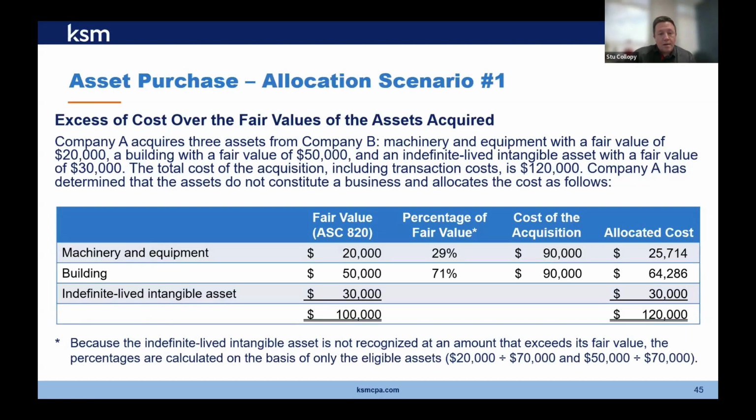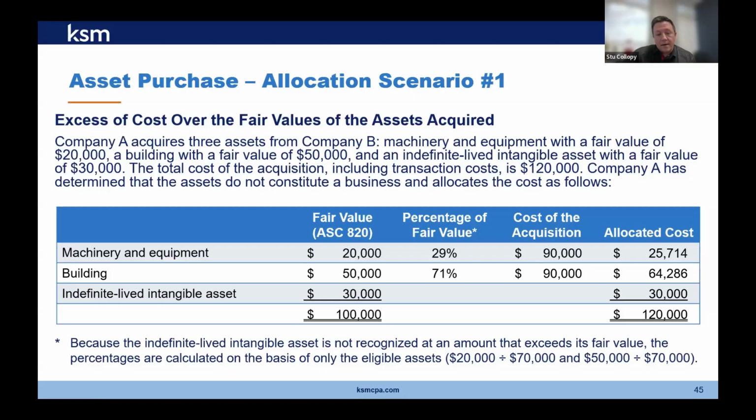Okay, so here is scenario 1. The key to note here is that the company paid $120,000 for $100,000 of assets. But within the assets was $30,000 of intangibles. So when a company pays more than the fair value, they cannot include the intangible assets within the cost of the acquisition. So you see over here in the third column that the cost of the acquisition is going to be calculated at $90,000 because it is excluding the intangible assets.